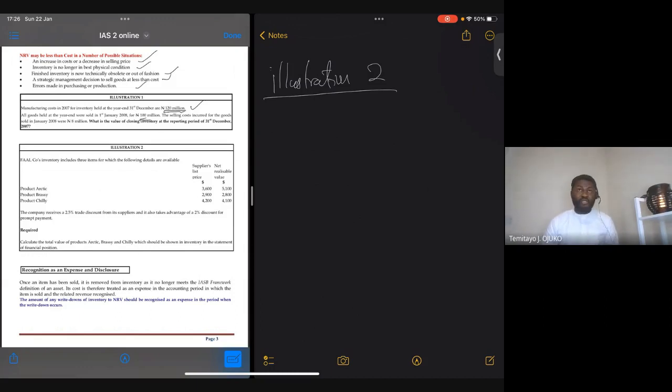Indirectly, two things we are just going to do. We are just going to have the actual cost and net realizable value, then we do the comparison and know if we are to carry it at the actual cost or at the net realizable value.